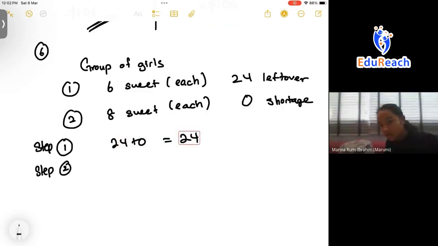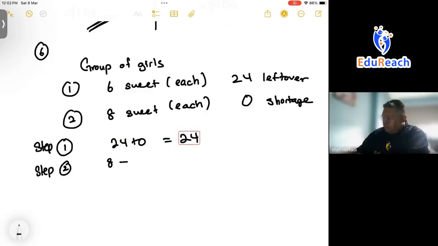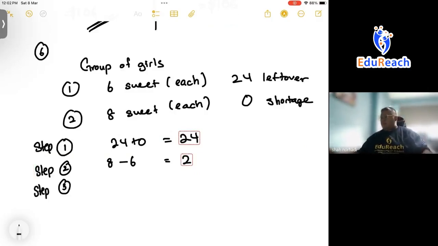What is step 2? 8 minus 6. Good. 8 minus 6 will give me 2. Okay, Raika, what must I do with the next step? First step, I got 24. Second step, I got 2. So what's the third step?